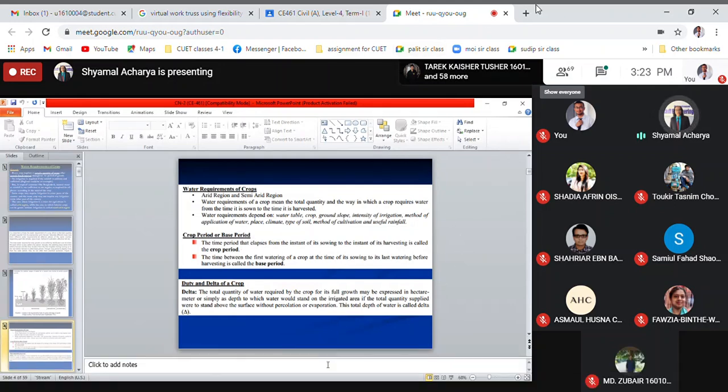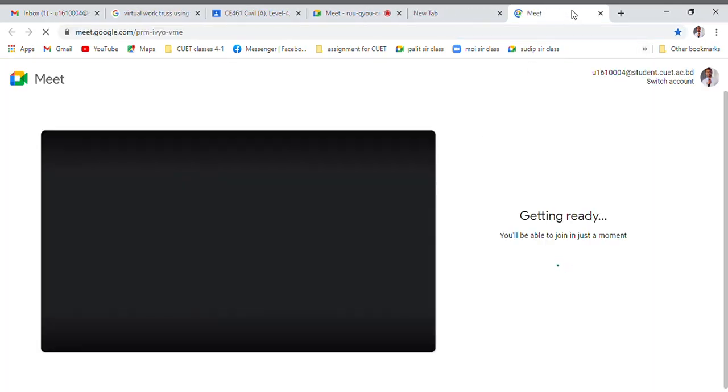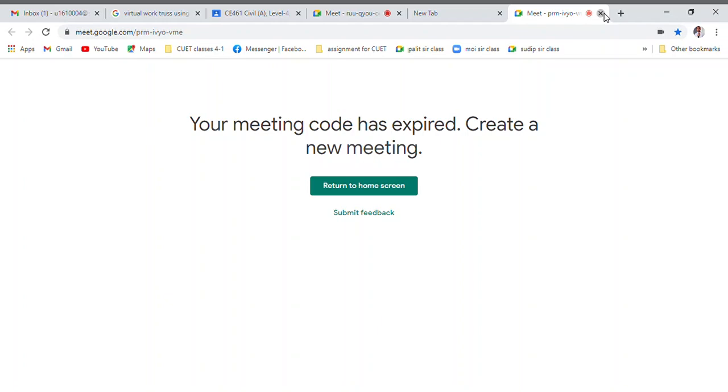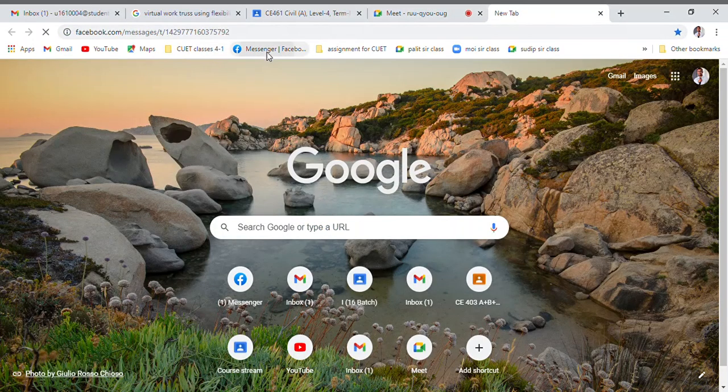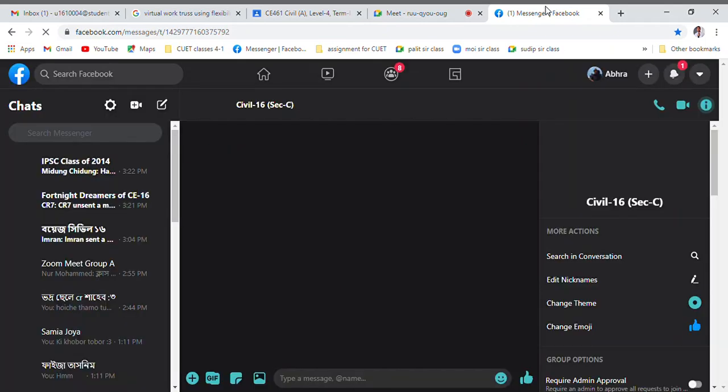Even the method of application of water, place, climate, and type of soil matter. Sandy soil has a high water requirement, clay soil a lower amount, because sandy soil percolates water quickly. So water requirements depend on all these factors.